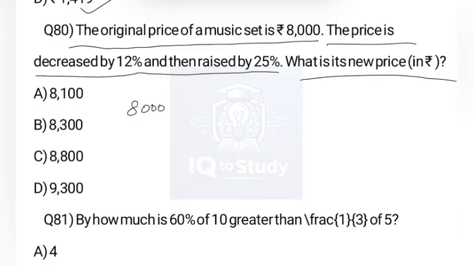So, original price into decreased by 12% means 88%, and raised by 25% means 125 by 100. That is equal to 8,800.